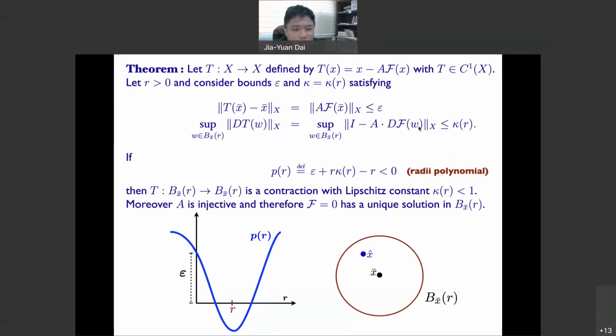And what kind of sufficient condition for df can guarantee this P of R is negative for some R? Like finite rank approximation, compact, or surjective? So I mean, F is usually not compact. So F itself is often going from a space to another space, right?